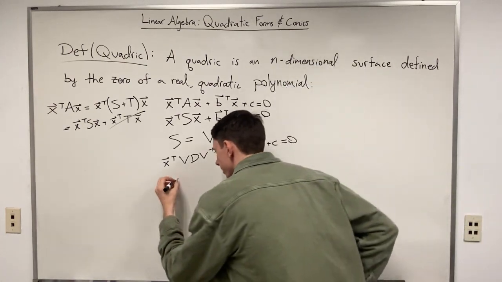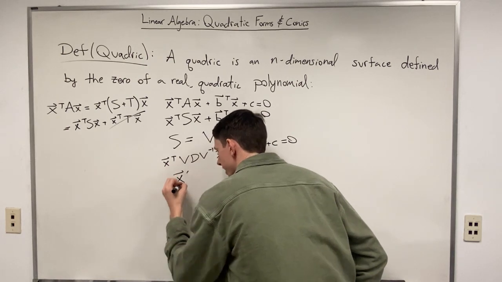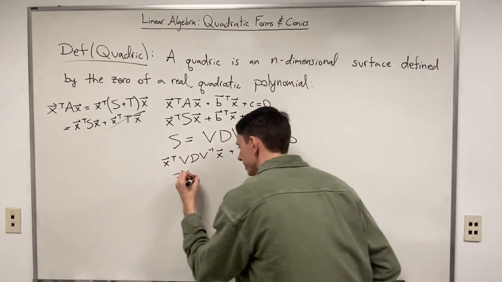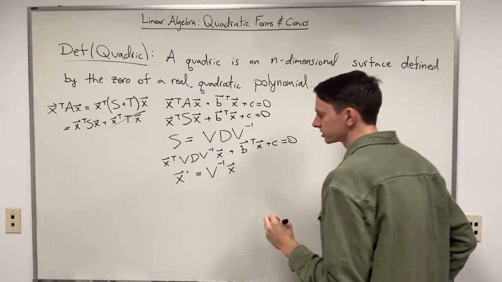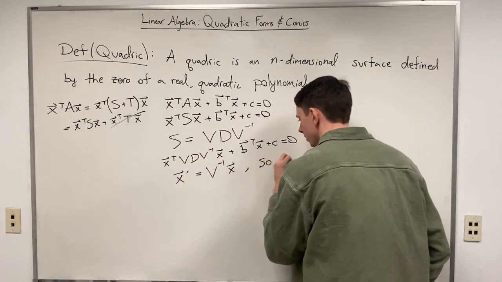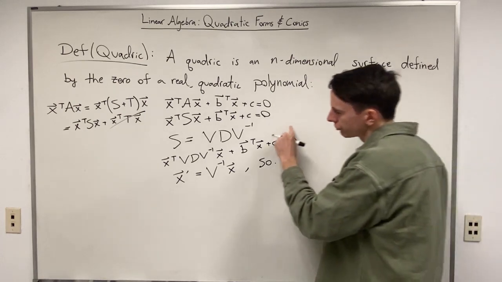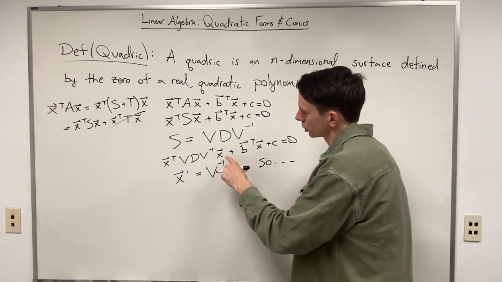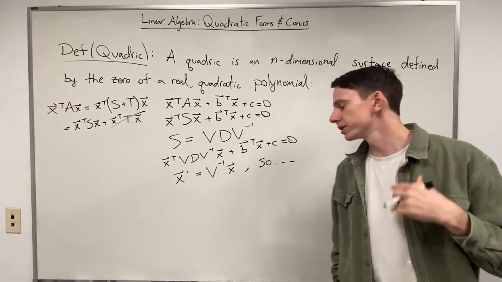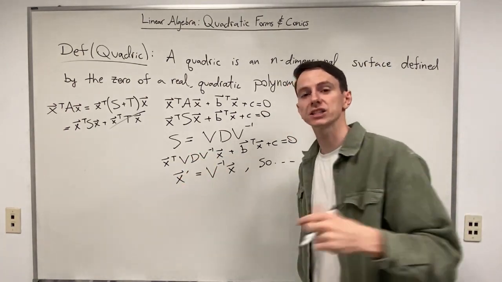So he's going to say that I have this vector x prime equal to this. Then if I rewrite this equation, it's now written not in terms of the original x vector, but in terms of this new vector x prime.